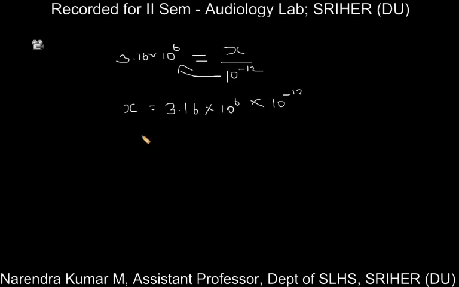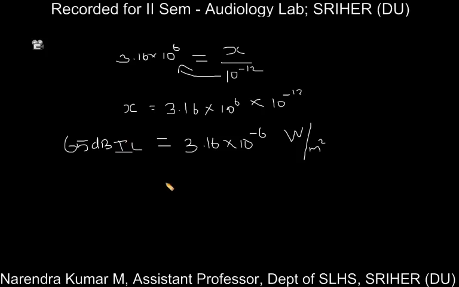Now solving this equation, it will be 3.16 into 10 to the power 6 minus 12, which becomes minus 6 watt per meter square. So 65 dBIL is equal to 3.16 into 10 to the power minus 6 watt per meter square. We have converted the decibel scale into absolute scale.